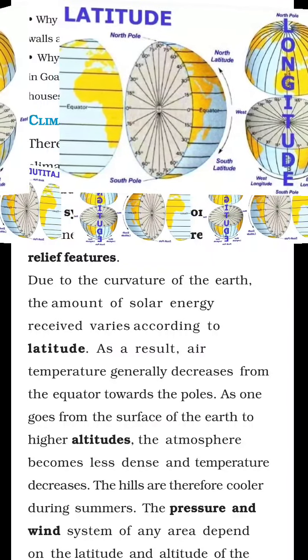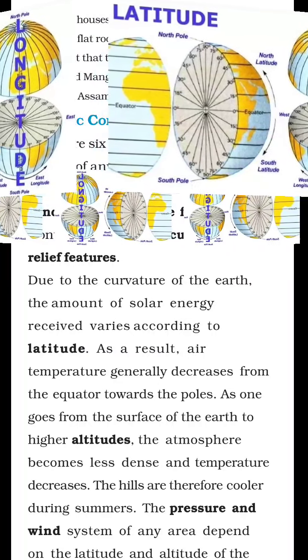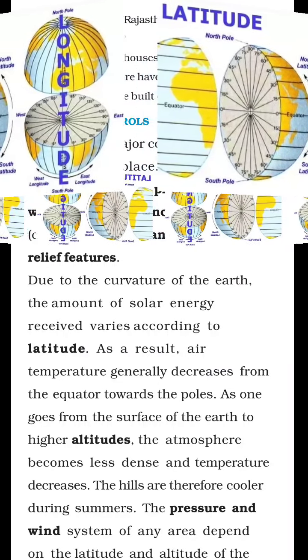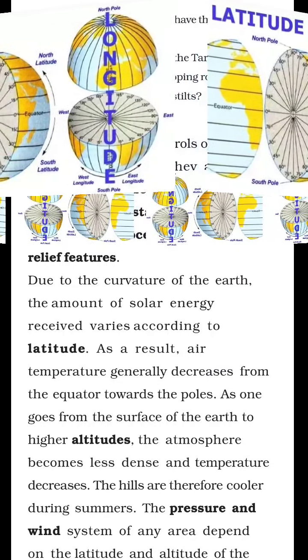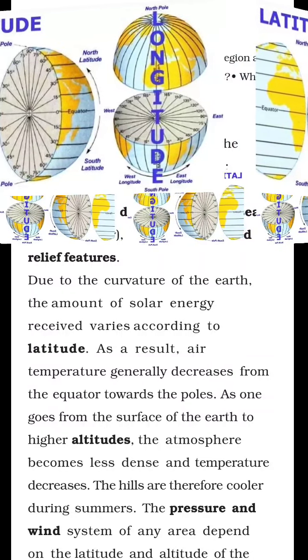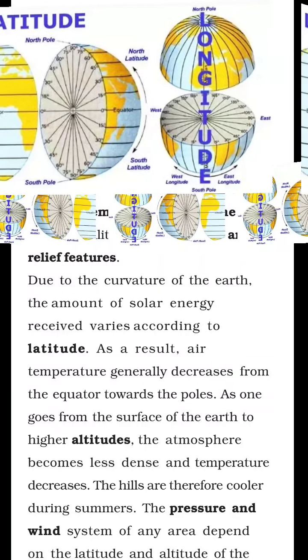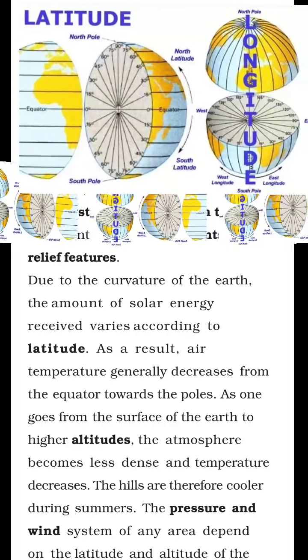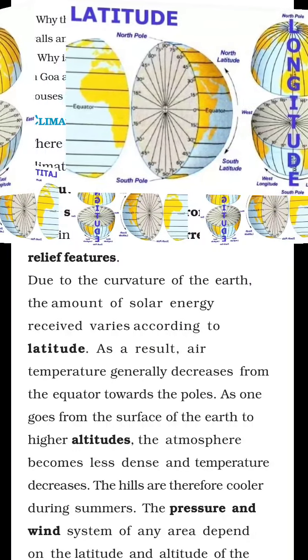So second is altitude. Altitude means the height from the sea level. We had seen that the Himalayas are snow bound. Why are the Himalayas snow bound even though they are not in the frigid zone?